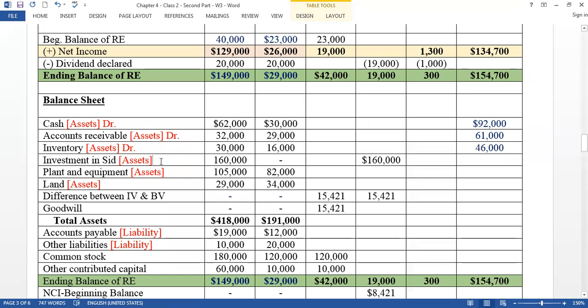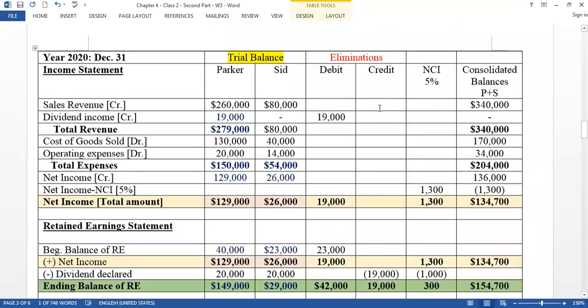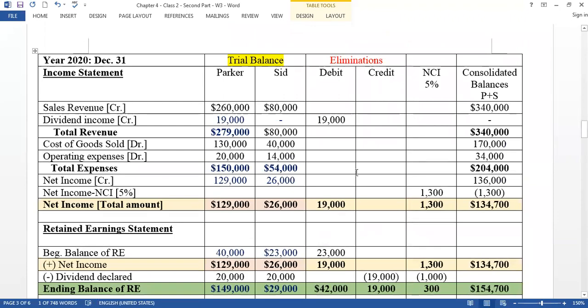Now investment in subsidiary, normal balance is debit. So $160,000 debit for the parent company, but the subsidiary company doesn't have this account, right? And we already eliminated this, in which part? On the credit side, based on the elimination journal.